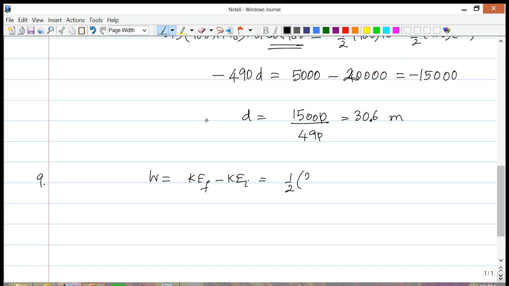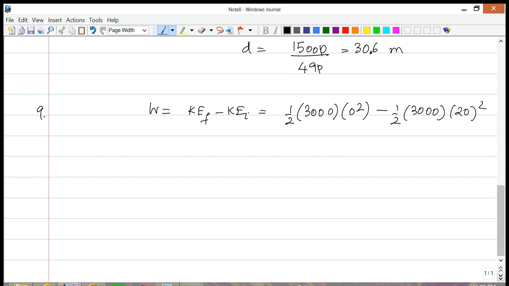So I have 1/2 times 3000 times 0 squared minus 1/2 times 3000 times 20 squared, and when you calculate this value you end up getting the work. It will be a negative work, which implies that the force has to be exerted in the direction opposite the displacement. In 10 you will basically repeat the same process.